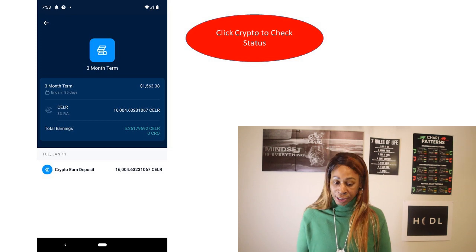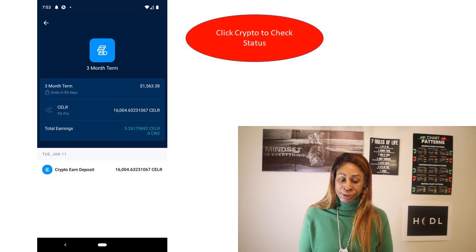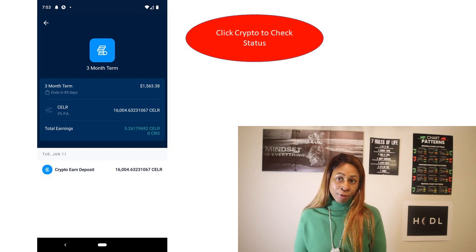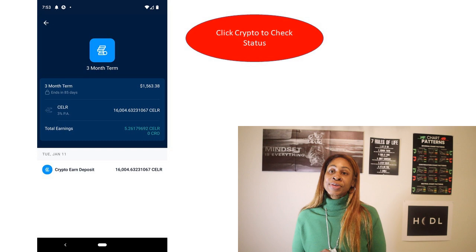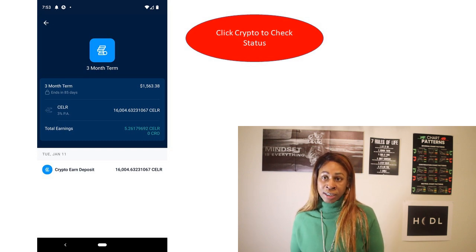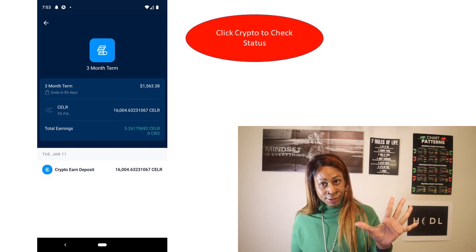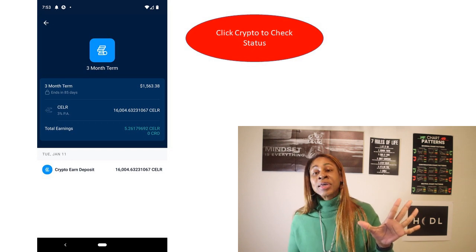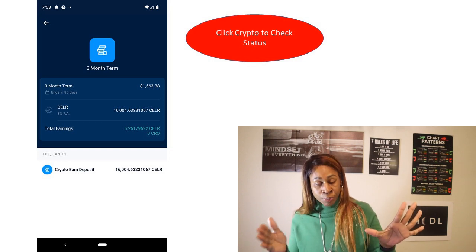Next, if you click on Cellar Network, you can see how much you've earned. After 5 days of buying Cellar Network, I paid about $1,029, but this account is already up to $1,500. Yes, in 5 days, my account increased by $500 because Cellar Network increased in price.